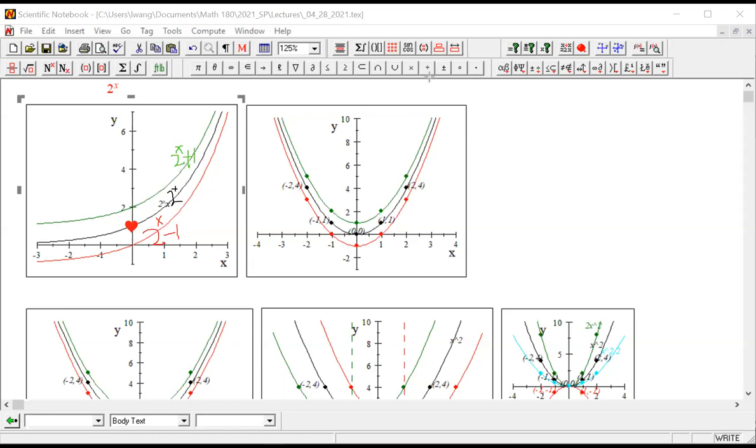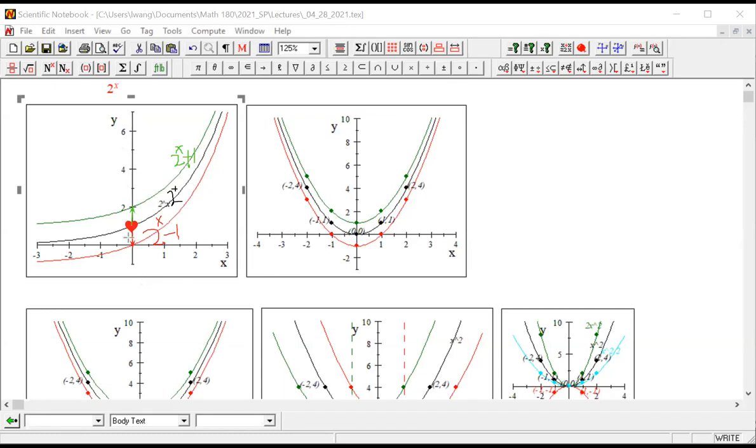For 2 to the power of x minus 1, it's shifted down by 1 unit. Is that clear? Where did the green go? I could have made it thicker so it's easier to see. But anyway, let's identify the y-intercepts, because the y-intercept has changed.